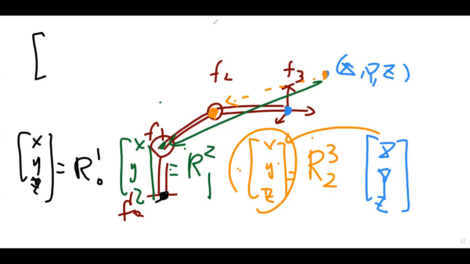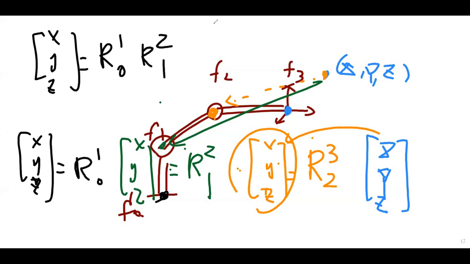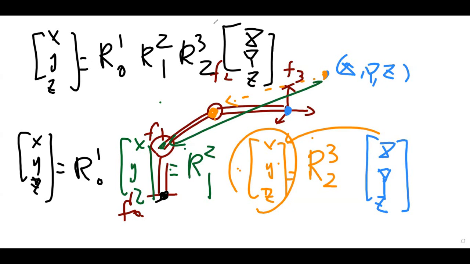So your base point location will equal the rotational metric of frame 1 versus frame 2, times frame 2 versus frame 1, times frame 3 versus frame 2, times the coordinate that you observe on frame 3. Okay, this is a combo rotational metric. You can write it in this way.